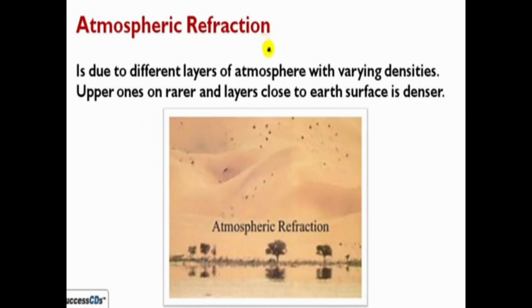The upper layers are rarer, and the layers close to the Earth's surface are denser. The layers which are high in the atmosphere are the rarer ones.